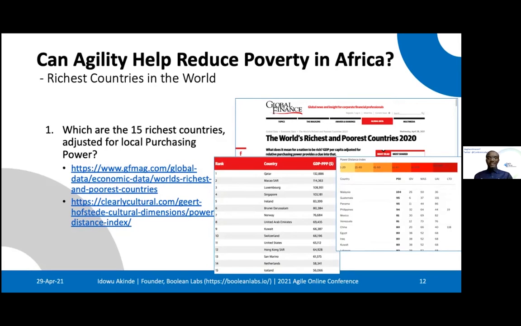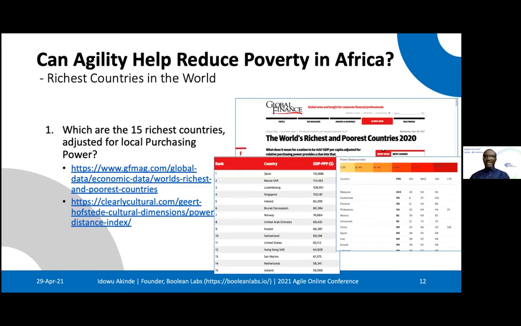I was expecting Switzerland, Norway, Finland to be in the top 3, and then maybe North America, US, Canada, and so forth. But hey, that's the data. Essentially, this is what the top 15 richest countries look like, stopping there at Iceland.